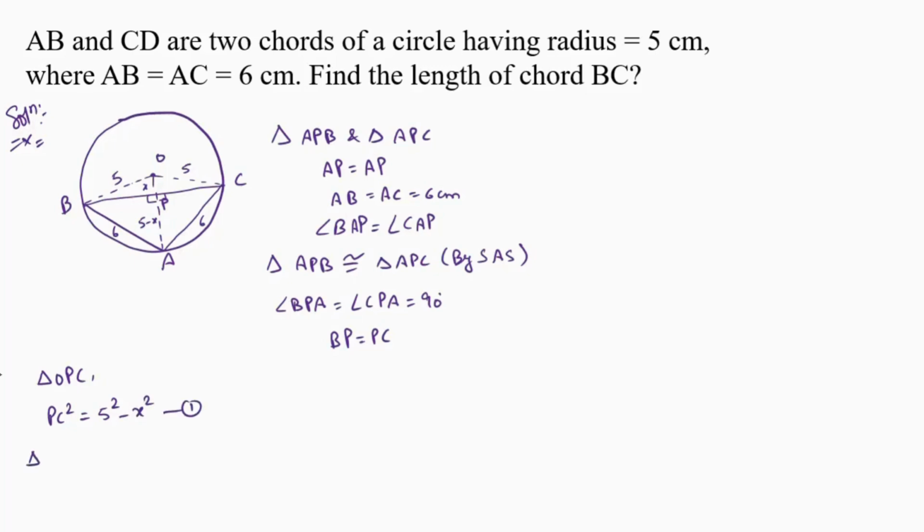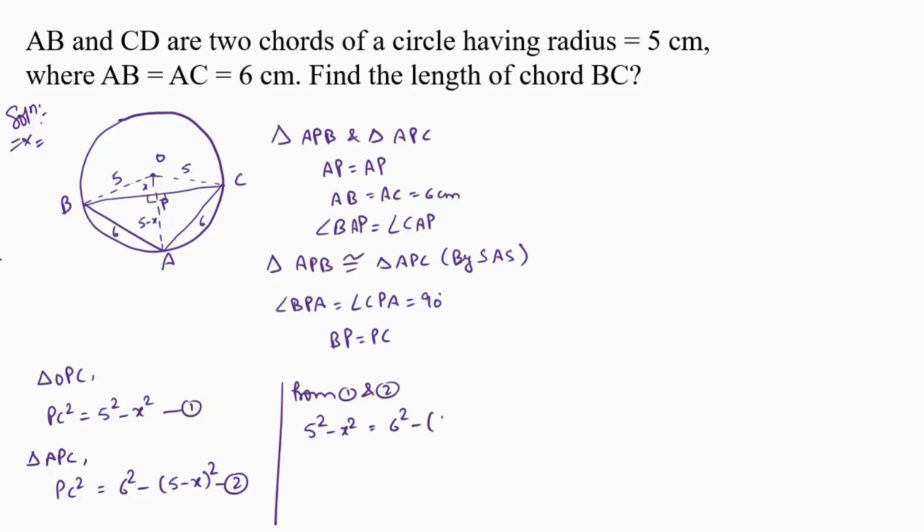And similarly for triangle APC, PC square equals to 6 square minus (5 minus x) whole square. Name this equation 2. So from 1 and 2 we can say 5 square minus x square equals to 6 square minus (5 minus x) whole square.